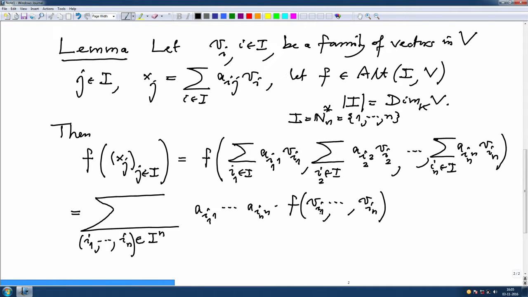The sum is running over all the tuples in I power n, but some of the tuples may have two different coordinates equal, and in that case f of this will be 0. So, that will not contribute anything.